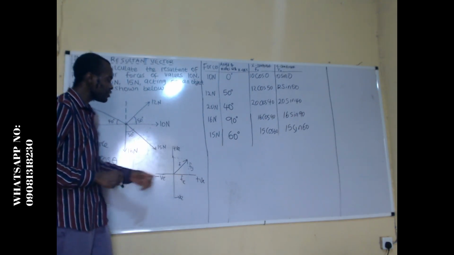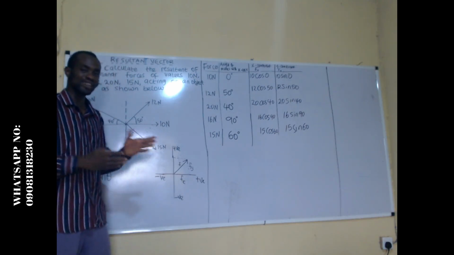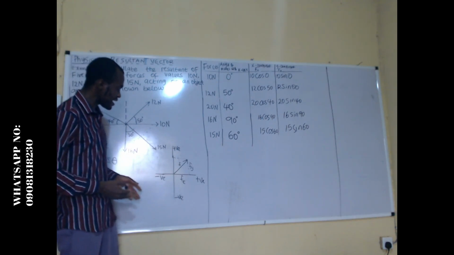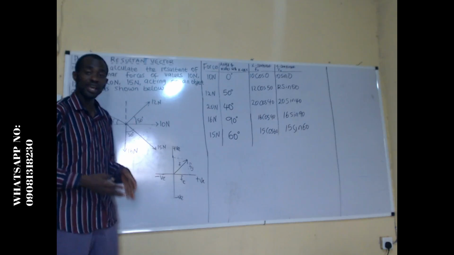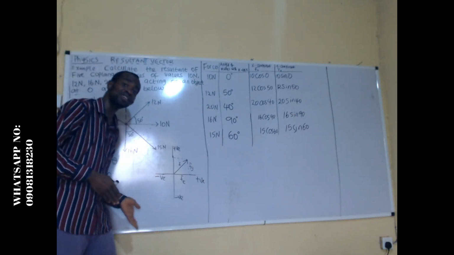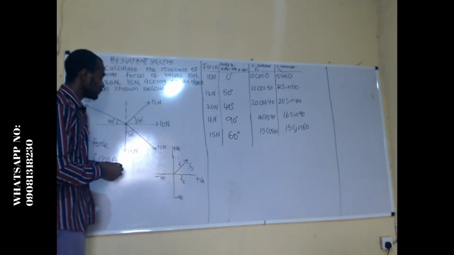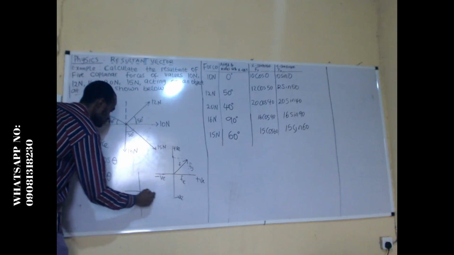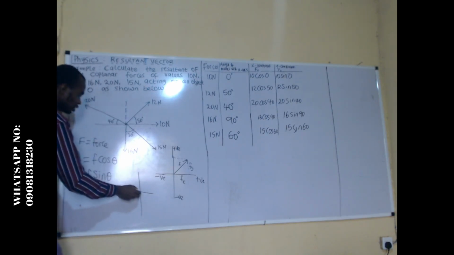So when you resolve a vector into its s and y components based on this method we are using, it can find itself on a negative or positive axis, like this one here.